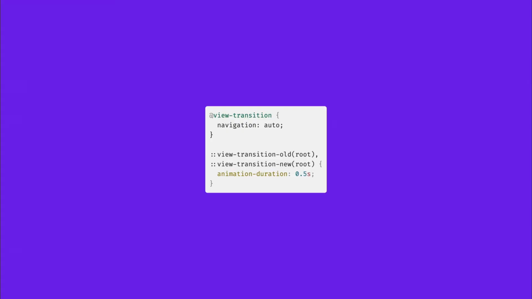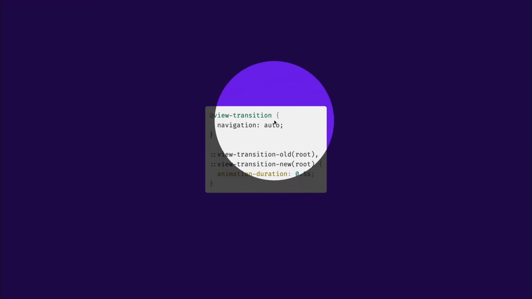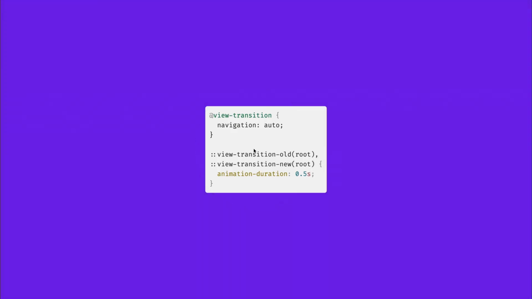And with this line of code here, you can just throw it in, and you get a slightly fading transition between the pages.